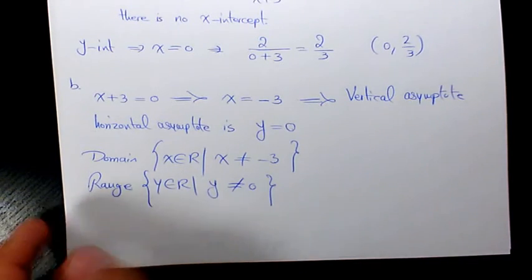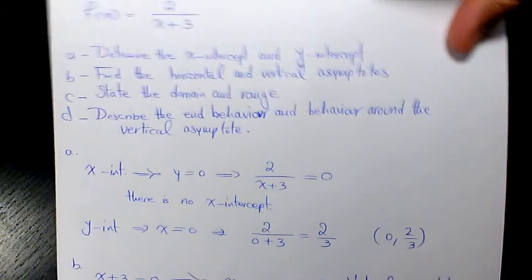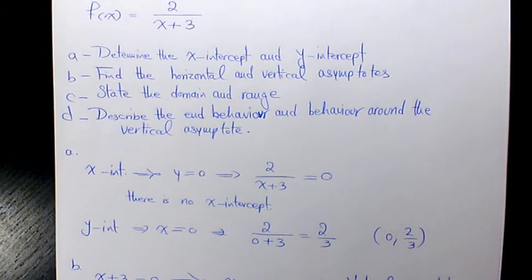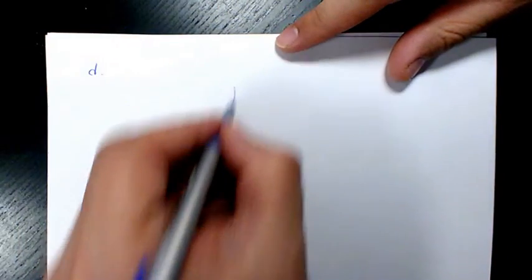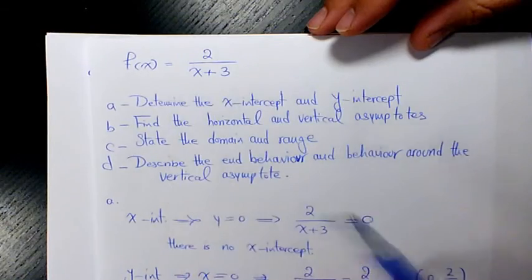Now, that was part C. Now let's look at part D. It says describe the end behavior and behavior around the vertical asymptote. If we want to graph it, the numerator is a positive number and the denominator is a linear function.